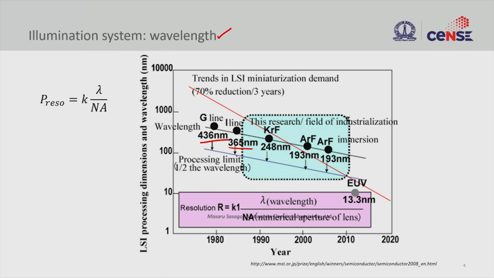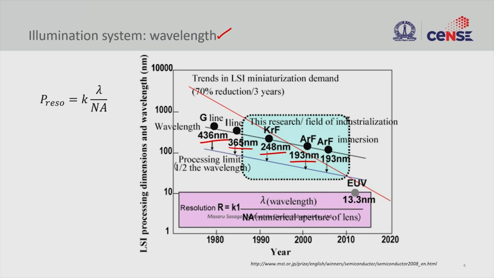And then we used deep UV, 248 nanometer. This is all now in the laser mode, and there we were able to achieve 100 and sub 100 nanometer. But after 193 we did not see much improvement at all. 193 is the laser line that we are using even today.